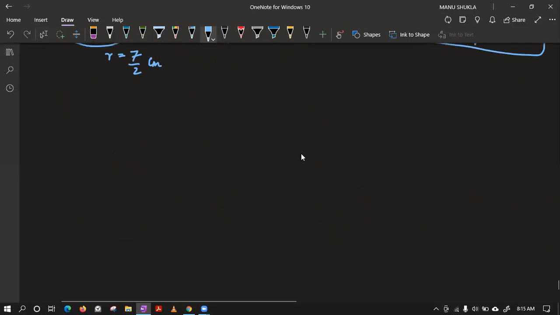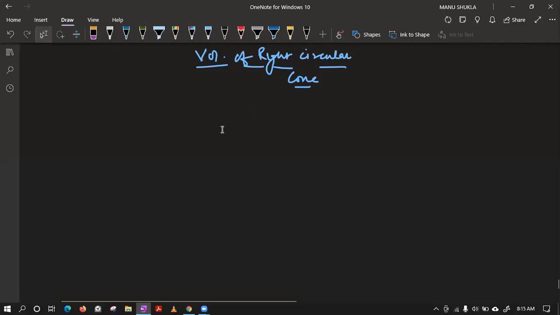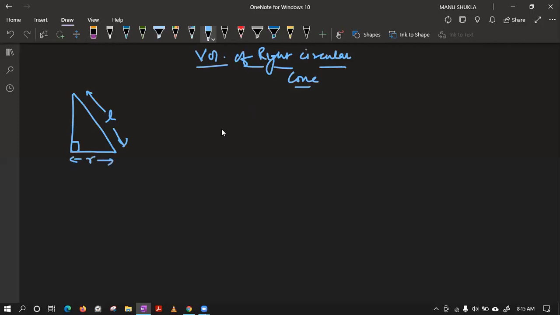The next topic is volume of right circular cone. If you remember, we have done the CSA and TSA of cone. Before discussing that, we discussed how a cone is made. We have a right angle triangle like this, in which the hypotenuse is the slant height l, and this is your radius. We try to rotate this about the height.